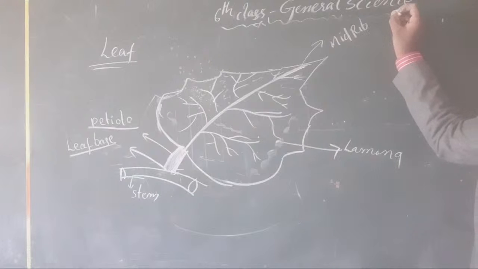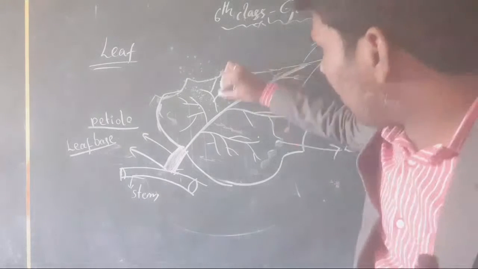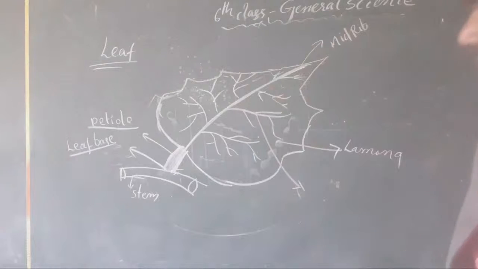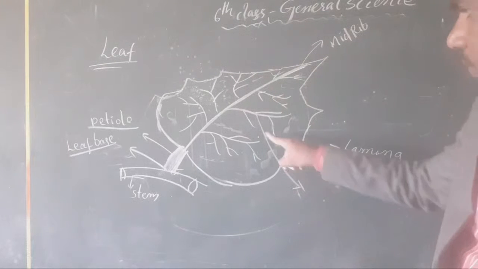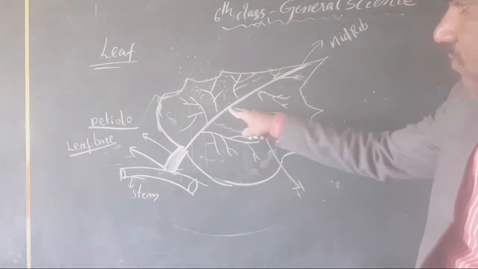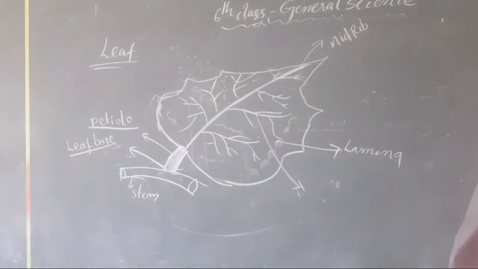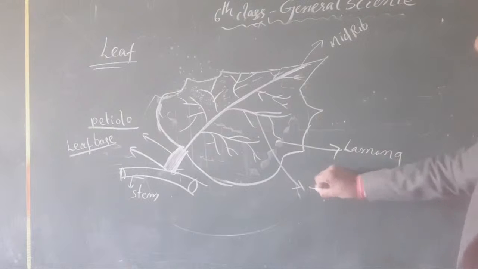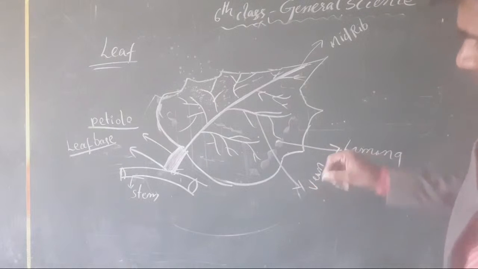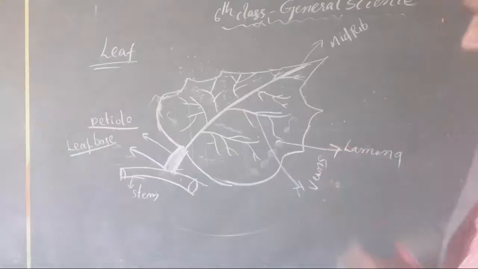And the next one is the small hair-like particles. This one, this one, or this one, which are connected to the midrib, that is called veins. Okay, that is called veins.